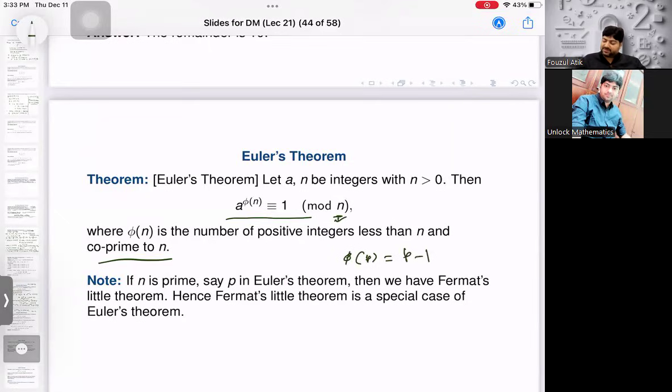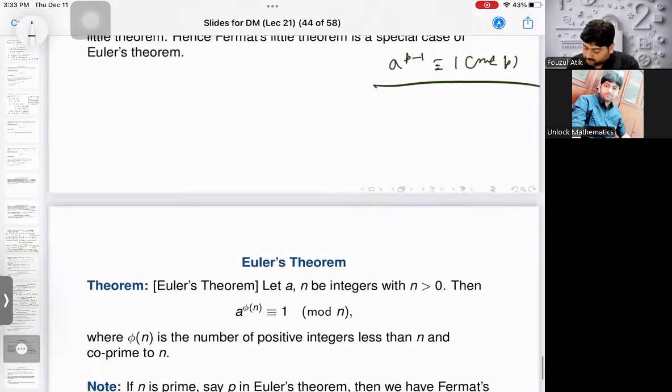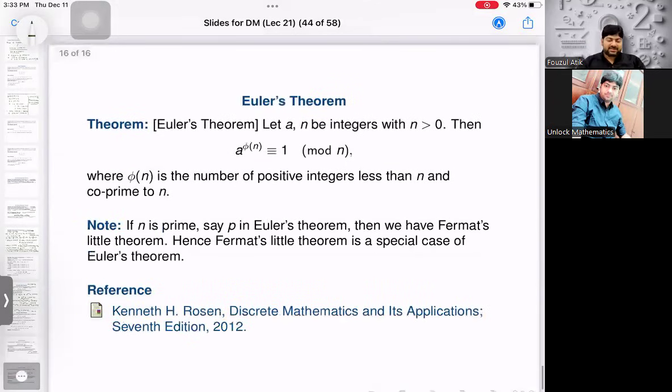If you apply n equal to p, Euler's theorem gives you that a to the power p minus 1 is congruent to 1 modulo p. But this is basically Fermat's theorem, isn't it? So all the content I have taken from this book only, and you practice such kind of problems.